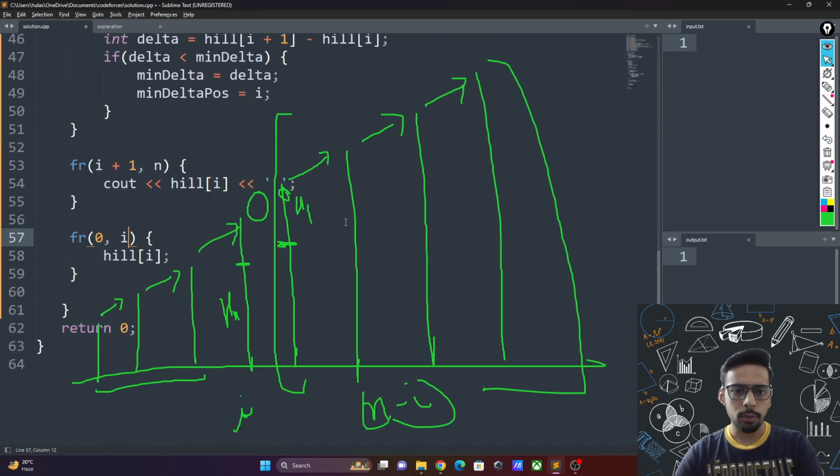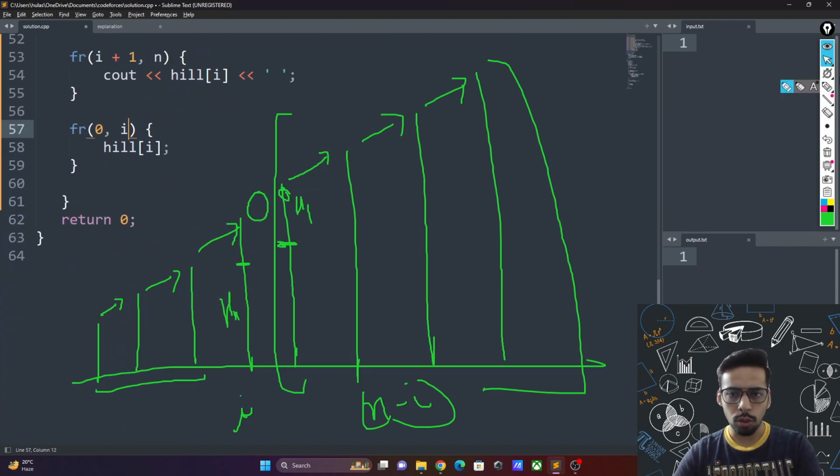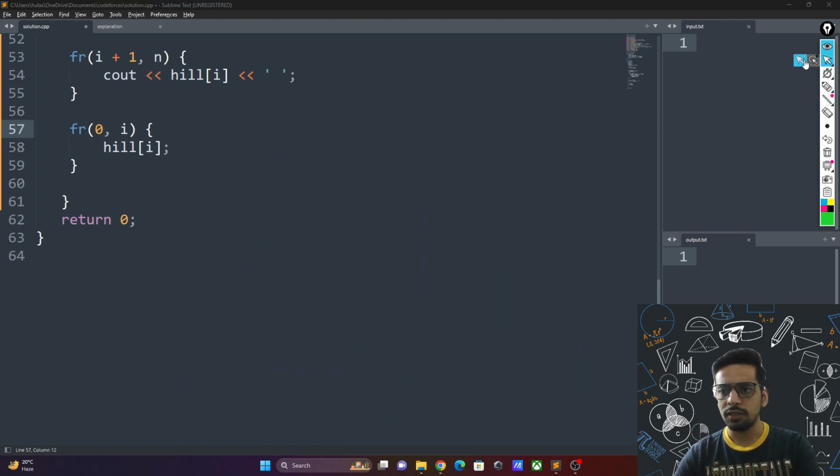So what I'm doing is printing from i plus 1, that is from here to the end, and then printing from 0th to ith. So ith is the last hill, i plus 1th hill is the first hill. And I think we should be good here.